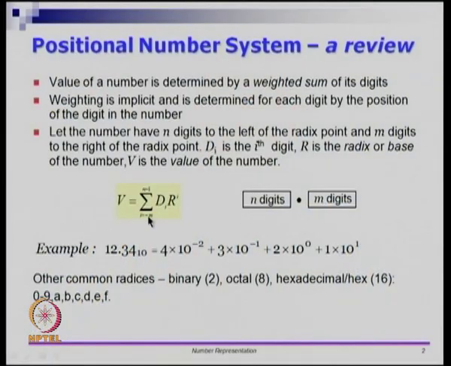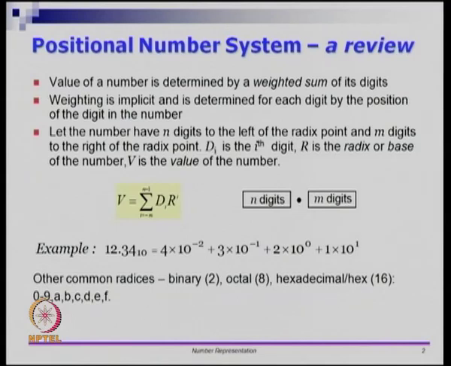For example, if I give you a base r, and let us say di is the digit at position i, this could be in any base, and let us say the base is r. Let us say there are numbers of this form: there is some n digit number before a decimal dot and there is an m digit number after the decimal dot. These digits could be decimals, hexadecimals, binary, octal, it does not matter.